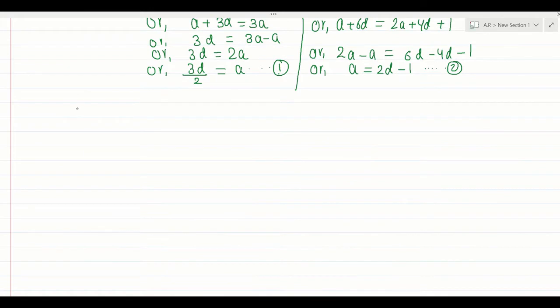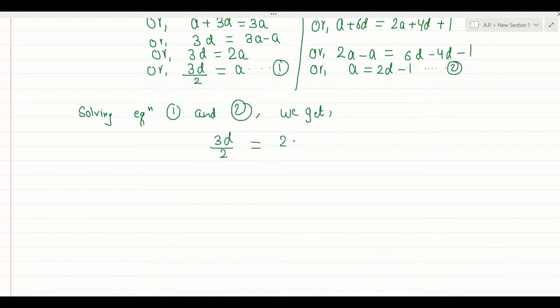Solving equations 1 and 2, we get 3D by 2 is equal to 2D minus 1. Because in both equation 1 and 2 there is A. If A is the same, then the remaining portion must also be the same.